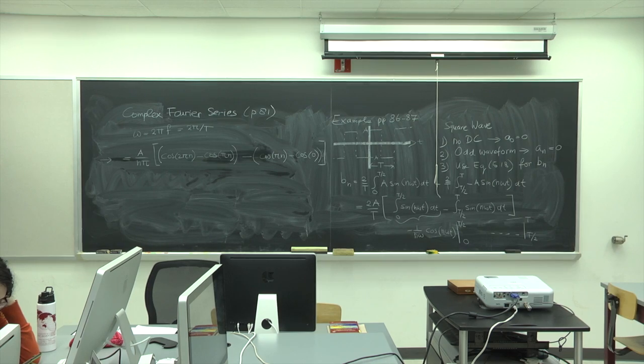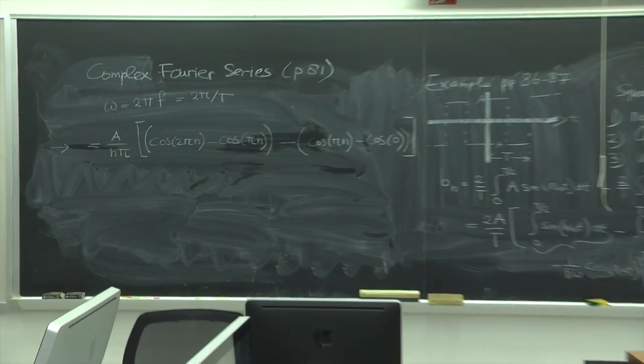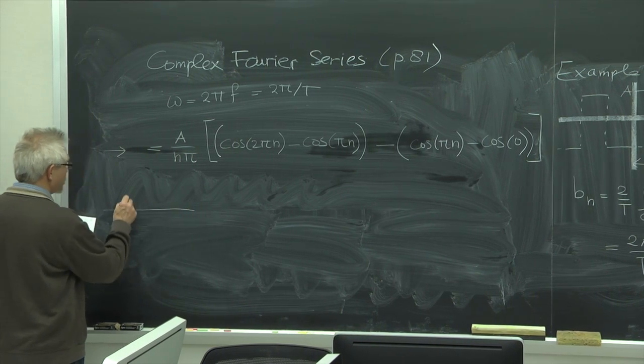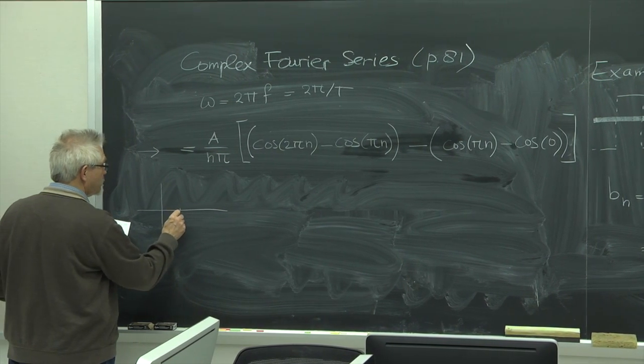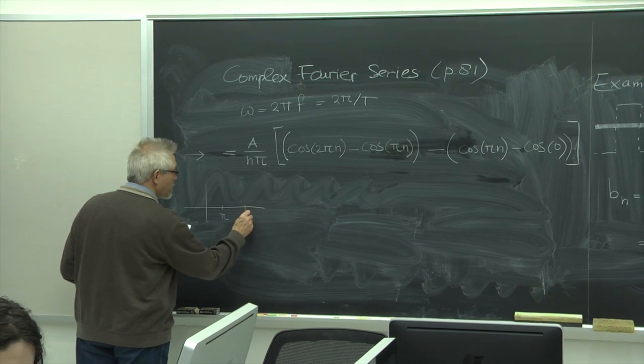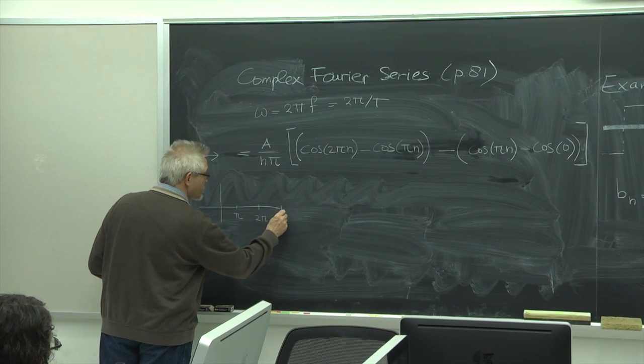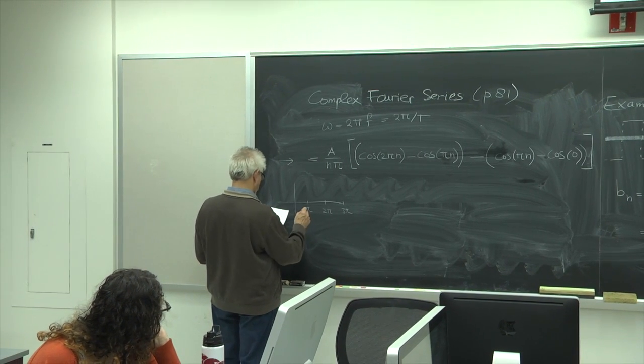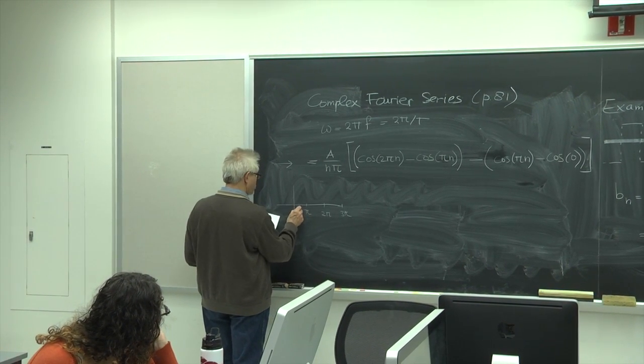Now that's an interesting equation. Just recall that the cosine will look like this, isn't it? If this is pi, 2 pi, 3 pi, etc., and this is 0.